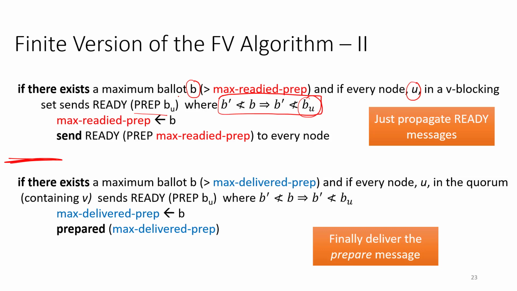So this is the same as getting a ready message from a V blocking set for either this ballot or something which is newer. So you can happily set max ready prep to B and just propagate the ready message. So this is just a propagate function where we are propagating the message, prep max ready prep, to every other node. We're just propagating the ready messages.